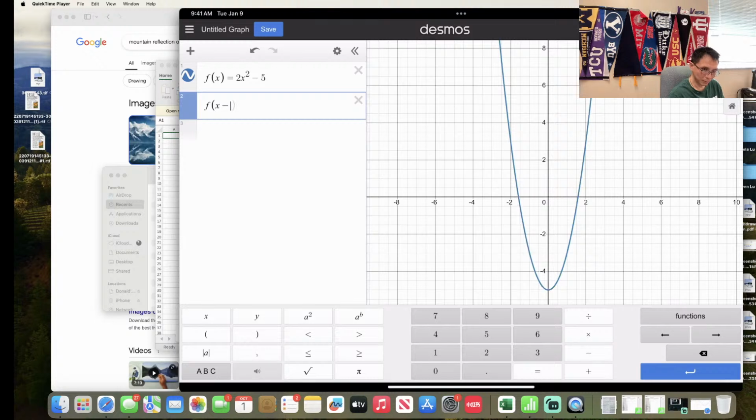What does it do? It just translates. But it's a new function though. So the two reasons: one is to differentiate between f of x and g of x, and the second is to see the transformation, what happened to the graph, right?